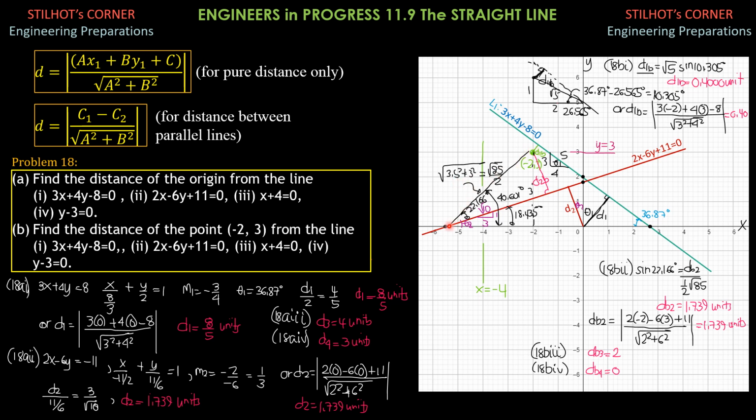Therefore, by Pythagoras theorem, this distance from the point of intersection of the line with the x-axis to the point negative 2, 3 is square root of horizontal distance squared, 3.5 squared, plus vertical distance squared, 3 squared, so square root of 85 over 2.